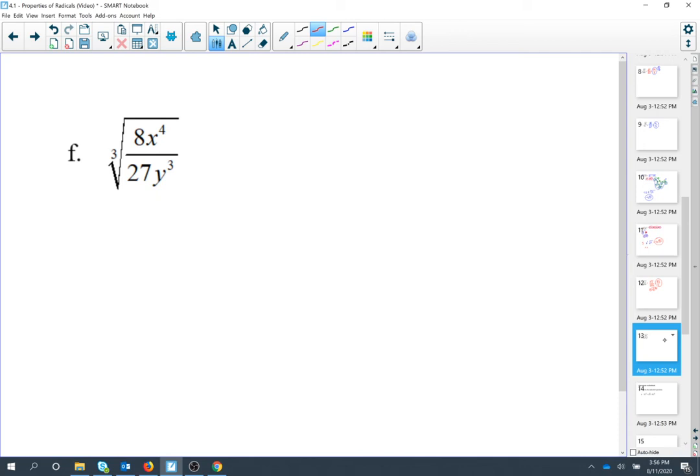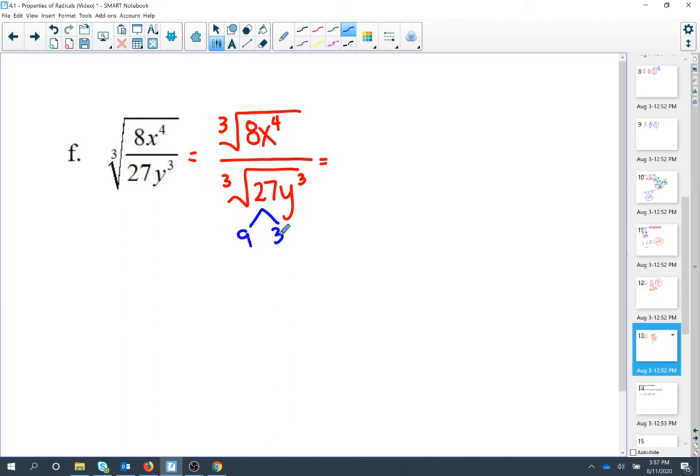Letter F, cube root of 8x to the 4th over 27y cubed. So once again, I'm going to break these apart and consider them separately. So the cube root of 8x to the 4th over the cube root of 27y cubed. Starting in the denominator, 27, 9 times 3, 3 times 3, and then y times y times y.